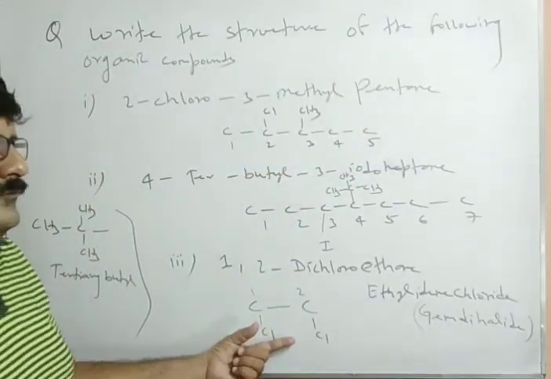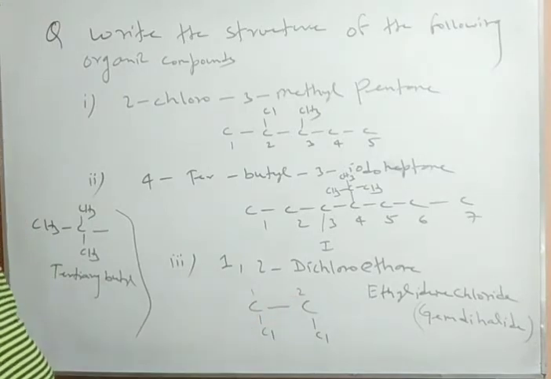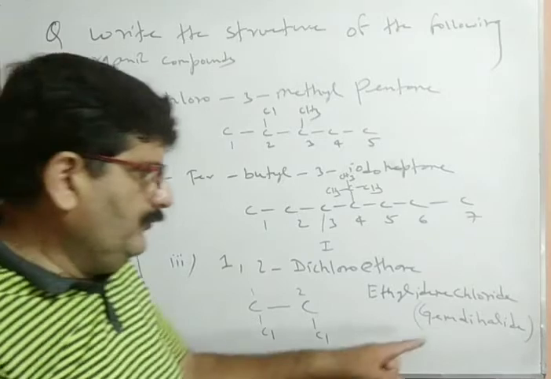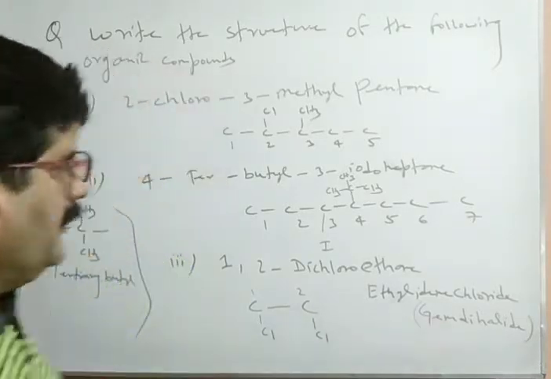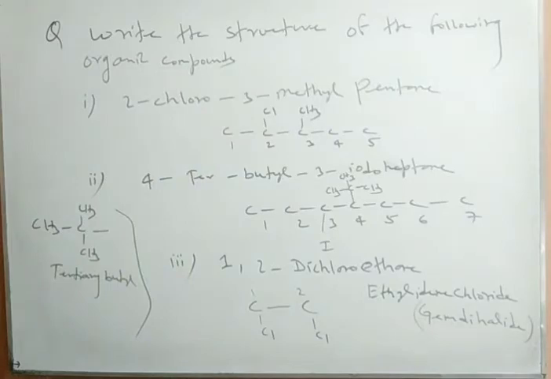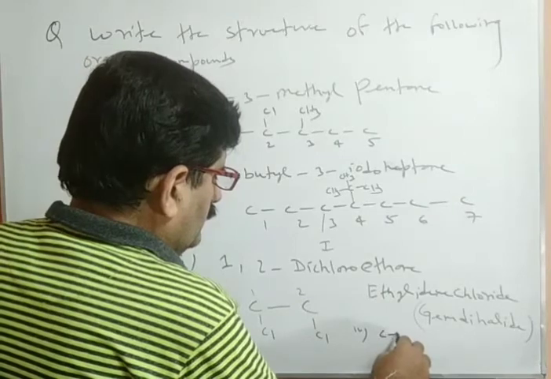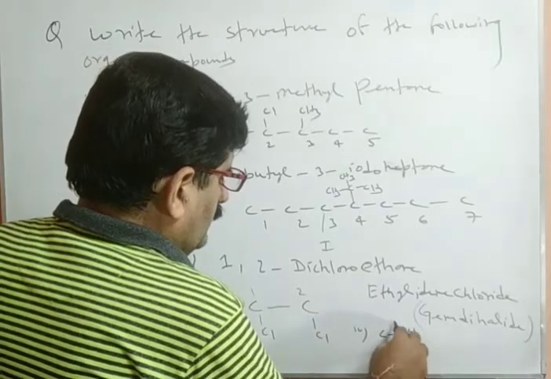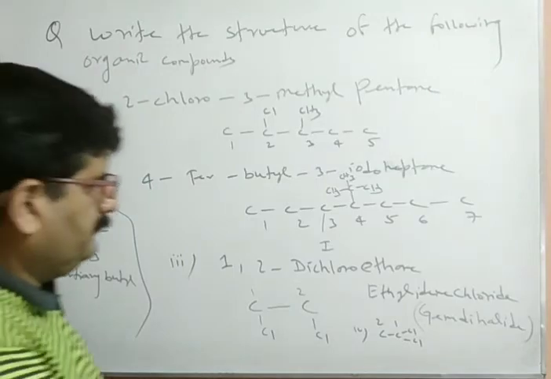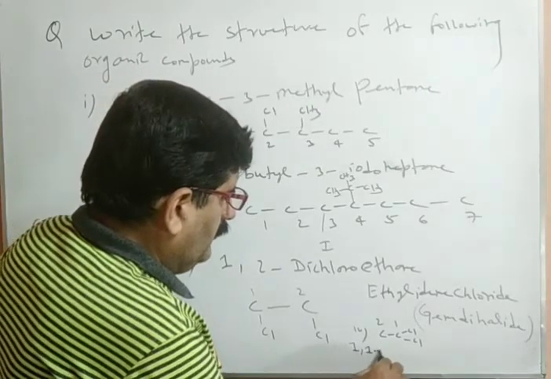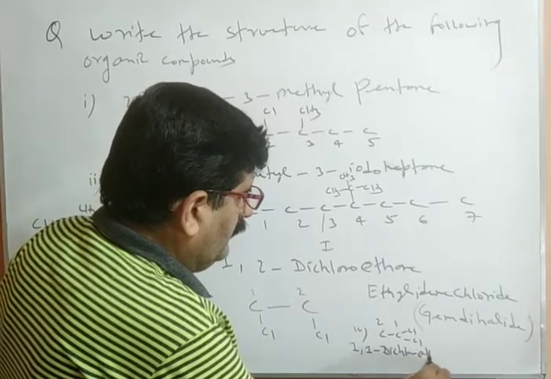If 2 similar halogen groups are present on different adjacent carbon atoms, then we use the prefix vicinal in the common name, called what? Vicinal dihalide. Suppose this pattern of compound is given. The IUPAC name is what? 1,1-dichloroethane.